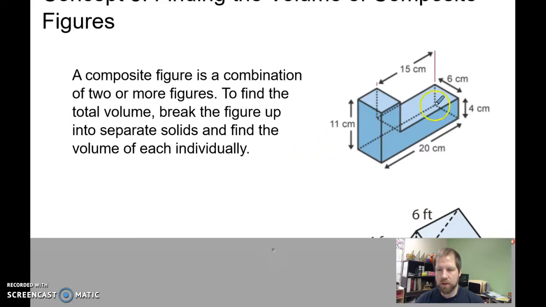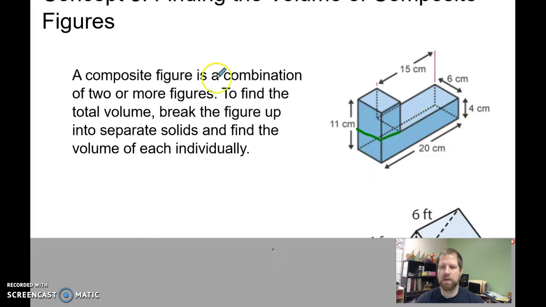If I'm looking at this one, I could cut it right here and right there, and that would separate this little upper bit into a really short, small rectangular prism, and then I have a really big, really long one down here.